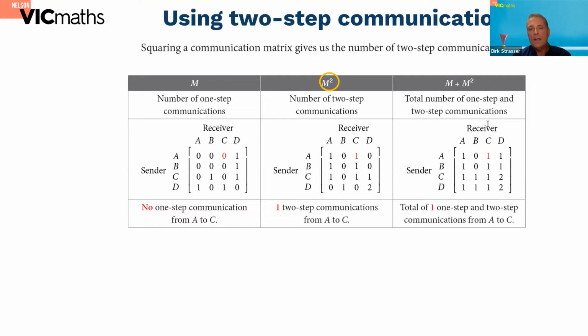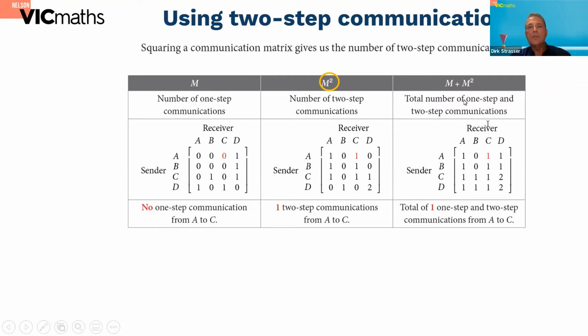When you square M, you get this matrix here, and you can see there's a 1 from A to C, which says that there is one two-step way that A can communicate with C, so via another person. It gives you the two-step communication just by squaring the matrix.